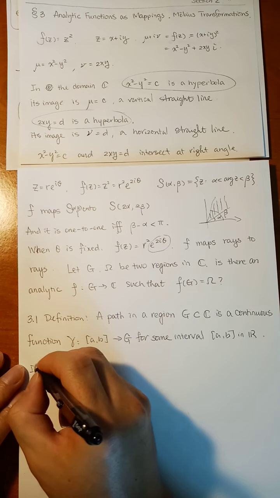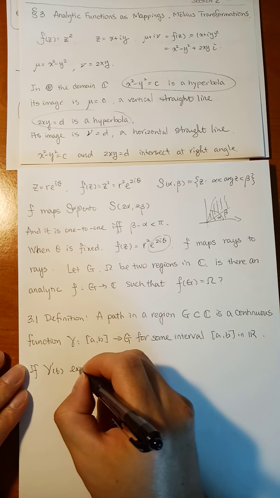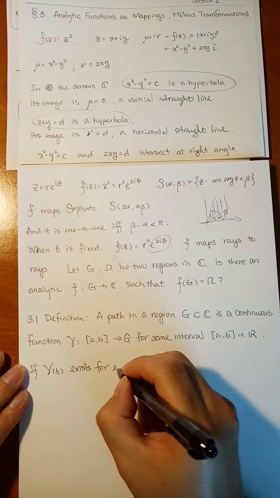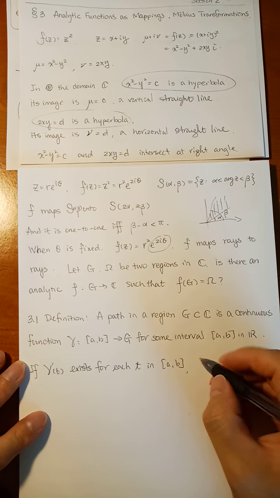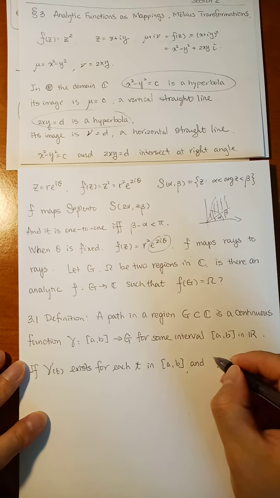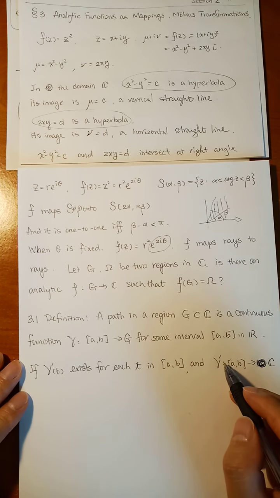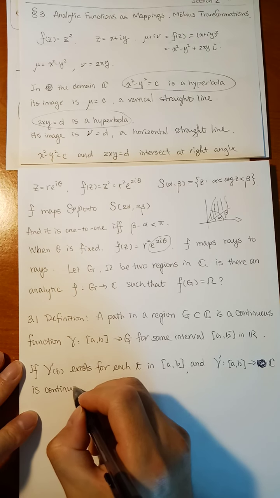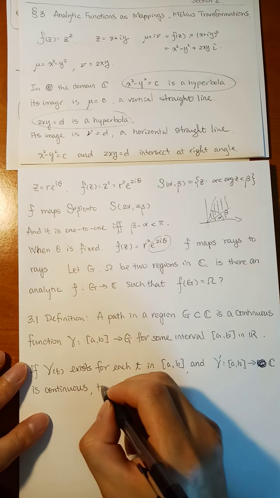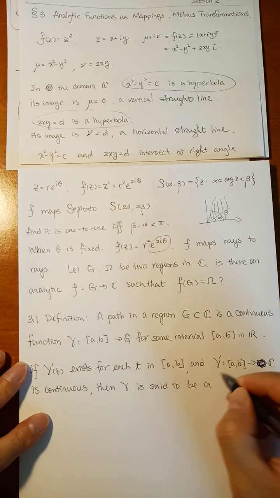Okay, so if gamma prime of t exists for each t in [a, b], and gamma prime from [a, b] to C is continuous, then gamma is said to be a smooth path.